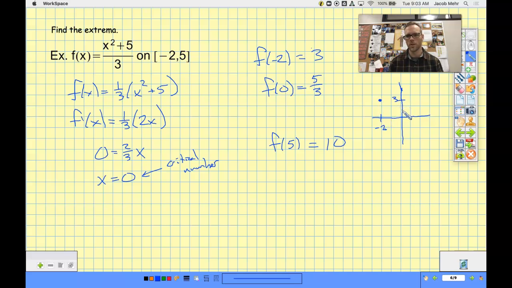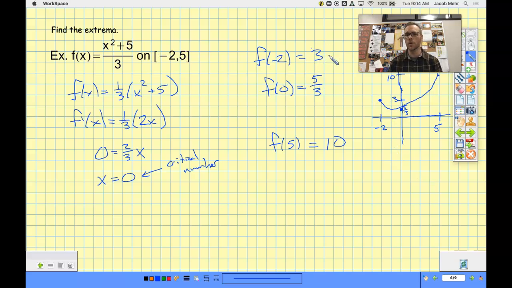But then when we get to 0, it's down to 5/3. And then over at x equals 5, it's all the way up to 10. So you can see this is a really bad graph. But you can get a picture that this graph has to come down and then go up, something like that. My apologies, but I think we can identify where the extrema are.